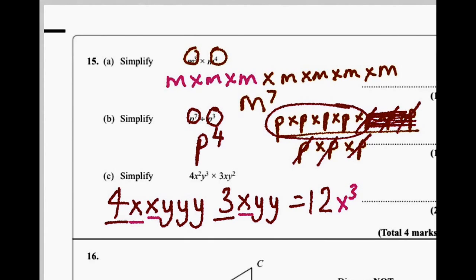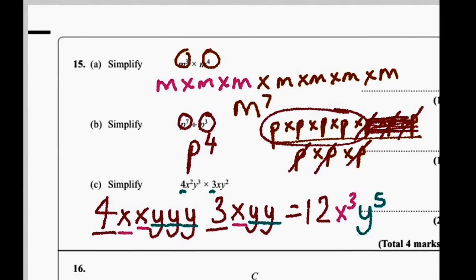And the y times the y times the y times the y times the y makes y to the power of 5. And you could have just multiplied 4 times 3, x squared times x to make x cubed, and y cubed times y squared to make y to the power of 5.